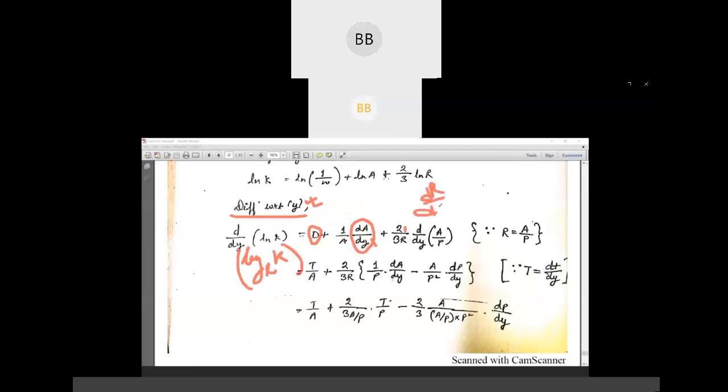Okay, and we know R is equal to A by P, so I have reduced one step here by writing directly R is equal to A by P. So you can write another step by writing here dR by dy, then you substitute A by P. It's up to you.